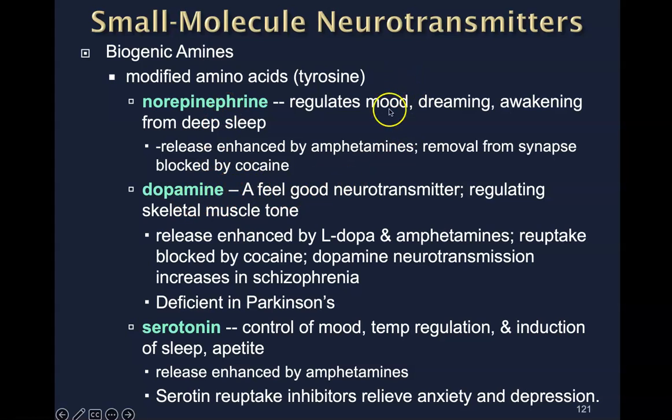Dopamine, again, is another mood enhancing neurotransmitter. It's your feel-good neurotransmitter, right? And then we also don't talk about it very much, but it actually helps to regulate skeletal muscle tone as well.